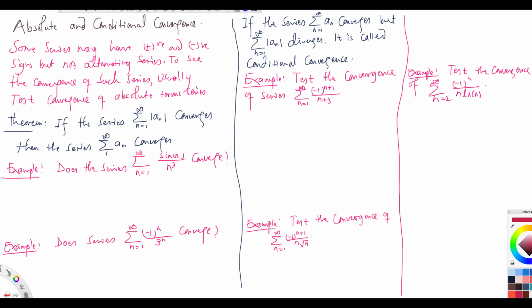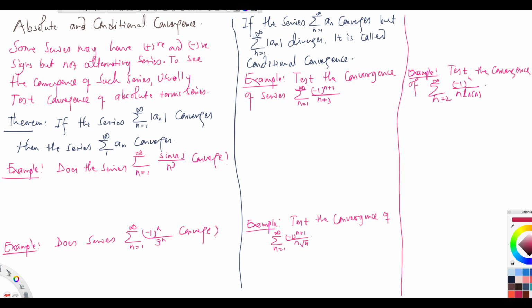Sometimes a series may have positive and negative terms, but not alternately, not like plus minus or minus plus. Some terms are positive, then positive, then negative, then positive, then negative. It does not follow a certain alternating pattern.